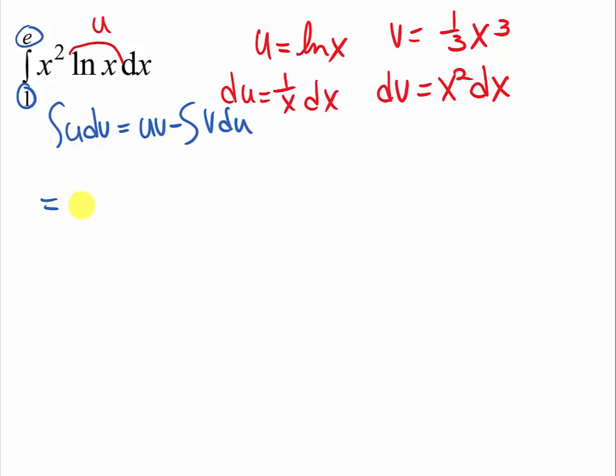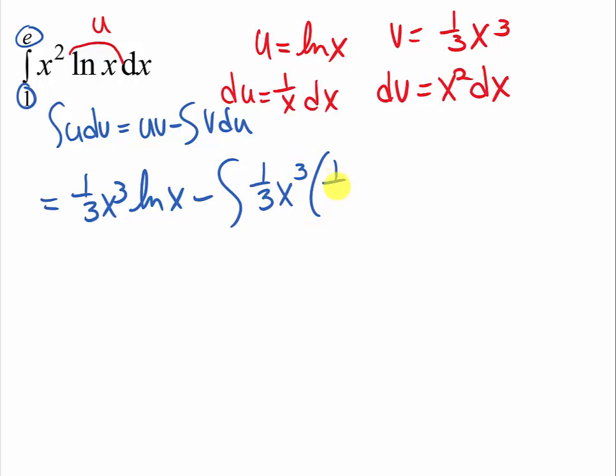So I need uv, so that's going to be 1/3 x cubed natural log of x minus the integral of v du. Well, that's going to be 1/3 x cubed, and then multiply it by 1 over x dx. Now remember, we have 1 to e, so this would need to be evaluated from 1 to e as well.